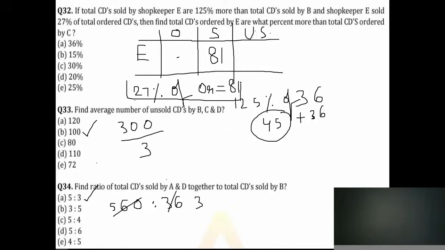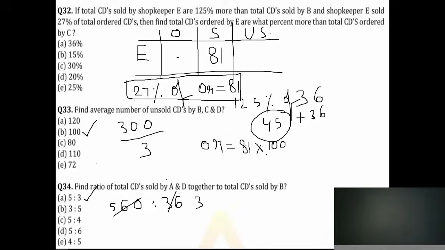You should calculate what is the ordered value. 27 by 100 into ordered. So ordered is nothing but, if 27% goes to the other side, 27 by 100 becomes 100 by 27. If the side changes, automatically the sign changes.